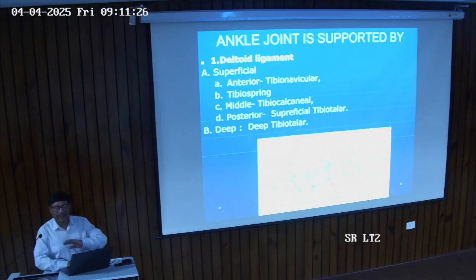The superficial ankle ligament actually crosses the talus and joins to the bones which are beyond the ankle joint. So the most anterior part is the superficial talotibial ligament. Next is the tibio spring ligament, which arises from the medial malleolus and goes to join the spring ligament.